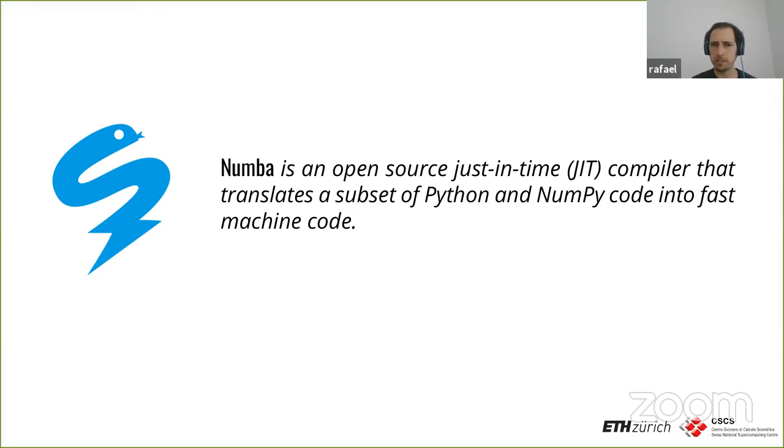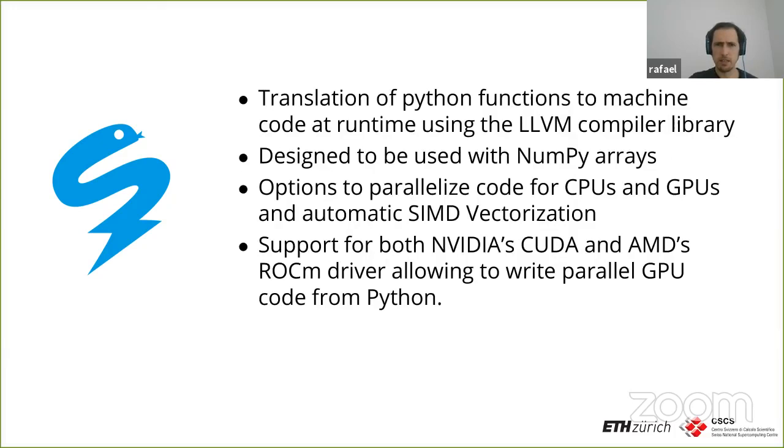It kind of compiles your Python code, and it will be faster. Numba does this using the LLVM compiler library. So when you install it, it brings everything that you need. You don't have to do anything. It's just pip install or conda install Numba, and you get everything set up.